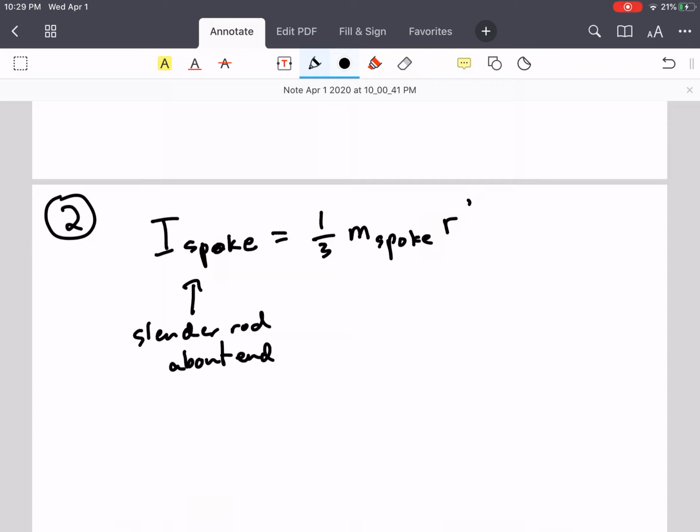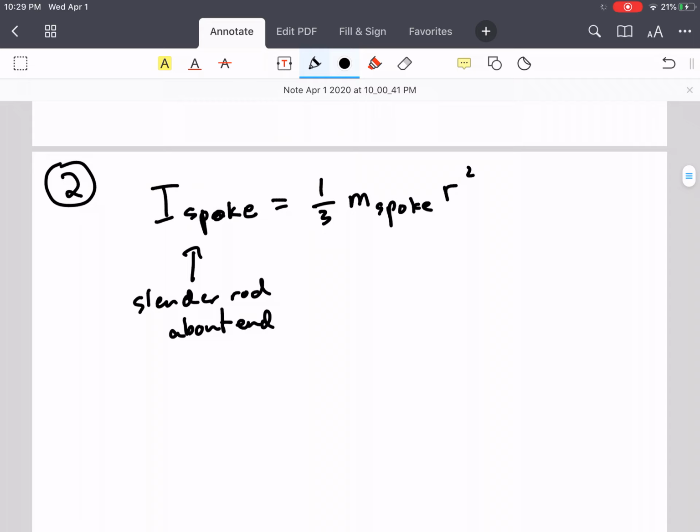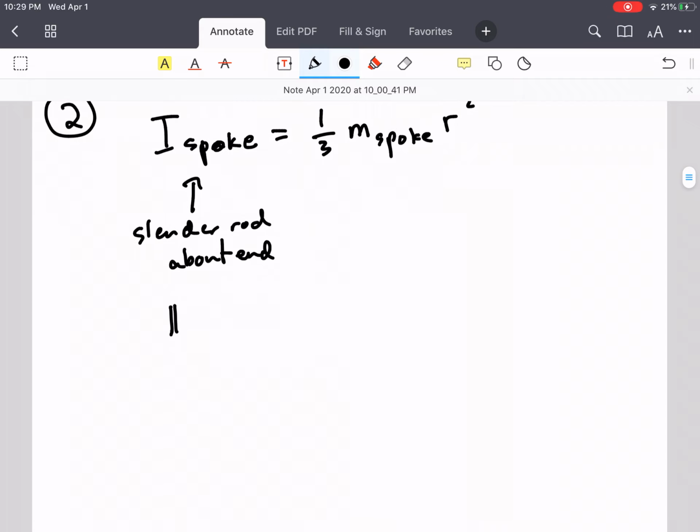And in this case, the length of the spoke is just the radius of the cylinder. So the moment of inertia of each spoke is 1/3 the mass of the spoke times r squared. And I've given you all these numbers so you can plug them in if you like. The moment of inertia of the rim is similarly, so this is just the thin-walled cylinder.